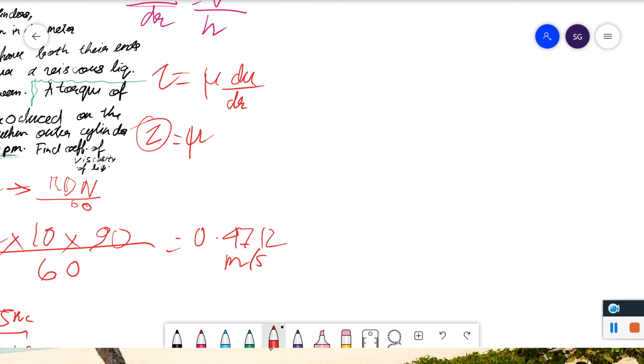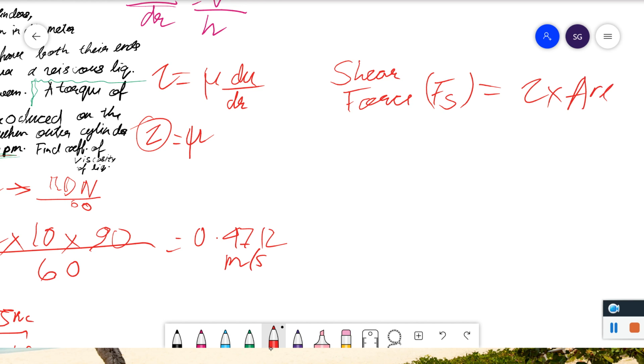Now we have to find out the shear force, because we are just interested in torque. So for that, force is required. We have found out the torque, and now force. For shear force, or Fs, that will be tau into area. I guess there is no doubt in this at all. And for this 377 mu, we have already got this value.